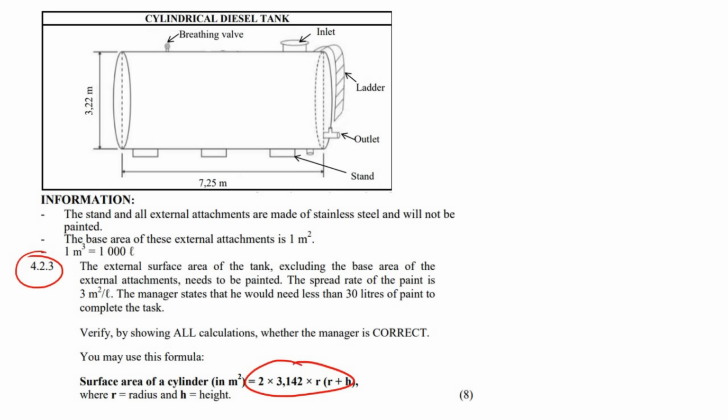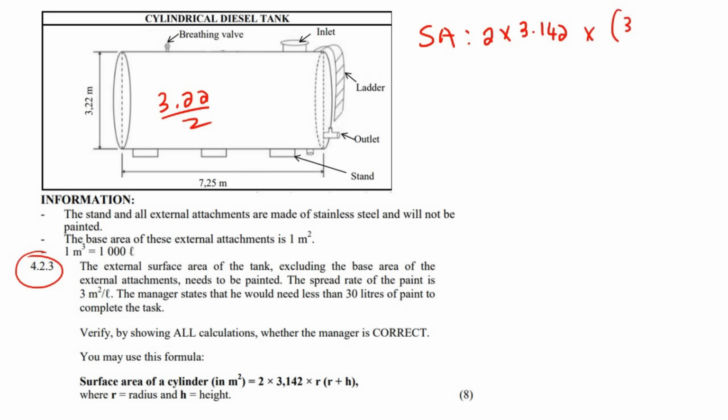So we can just go work out this, use this formula. So the surface area is then going to be 2 multiplied by 3.142 times the radius. You can use this, but you must divide it by 2 because that's diameter. So we're just going to divide that by 2. I'm actually just going to say here 3.22 divided by 2.